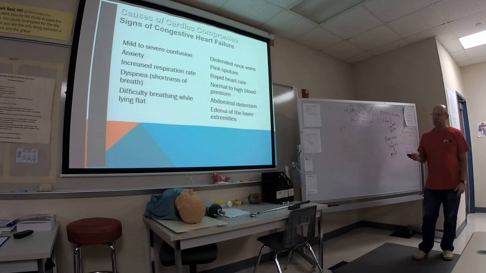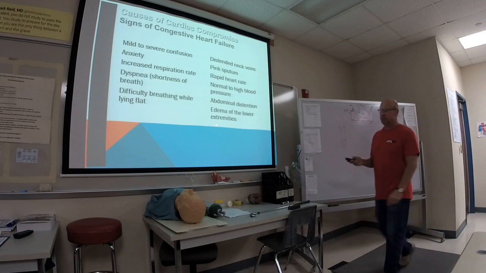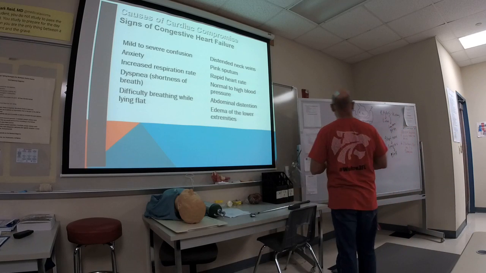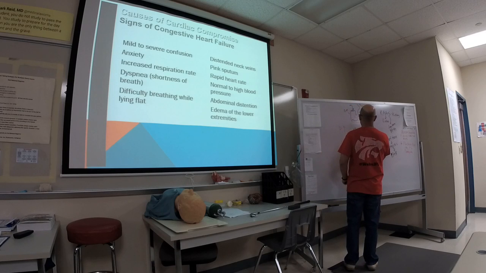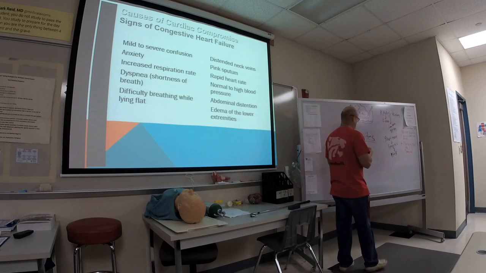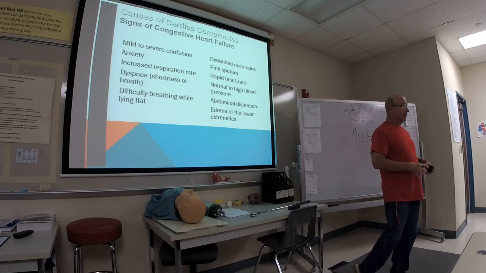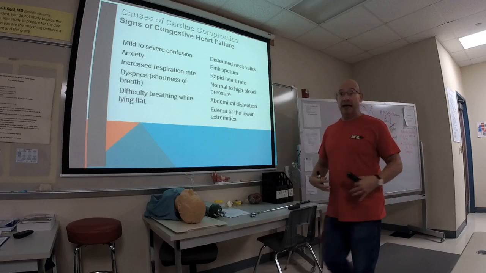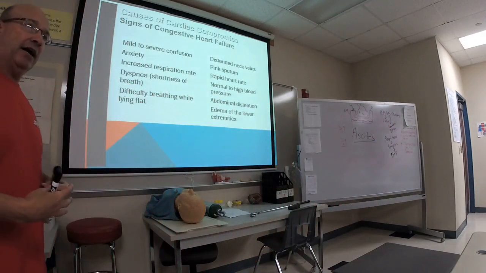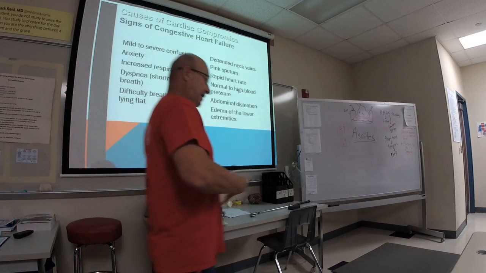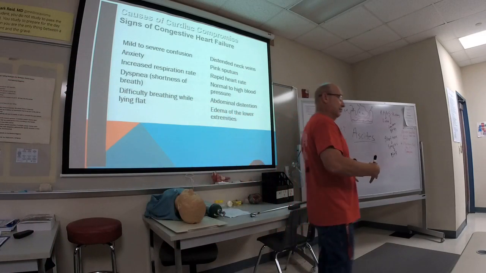Pressure's normal. This abnormal distension is called ascites, and thanks to Google yesterday, I learned how to spell it. Ascites is what happens with a lot of fluid. You have a lot of backup, so the fluid third spaces out into the abdominal cavity, and now you have fluid in the abdomen.